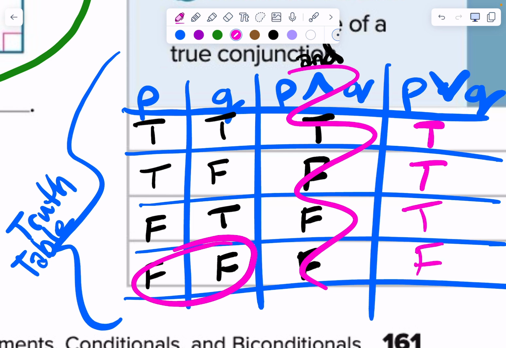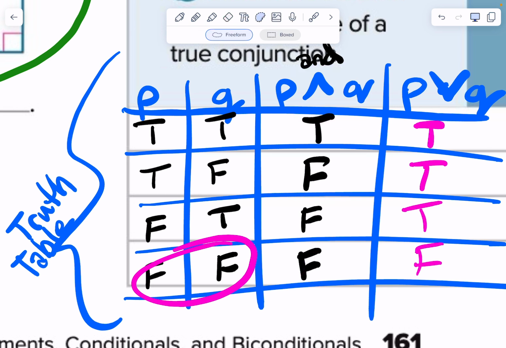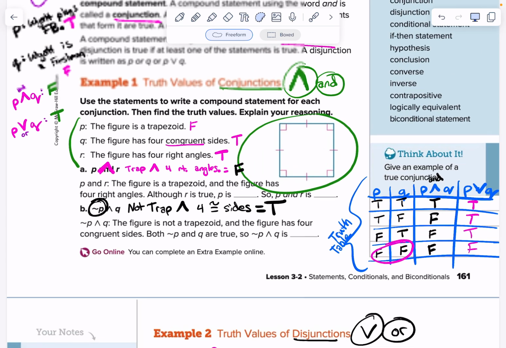When we did the first one for and, we said the only way an and statement is going to be true is if both parts are true. The only way an or is going to be false is if they're both false. This is a truth table right here.